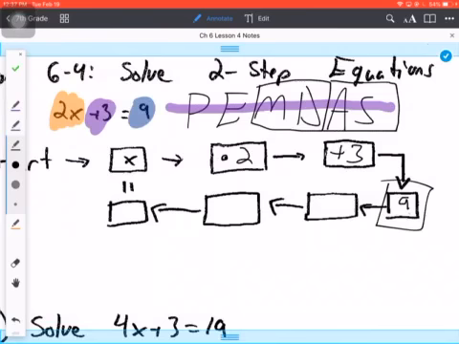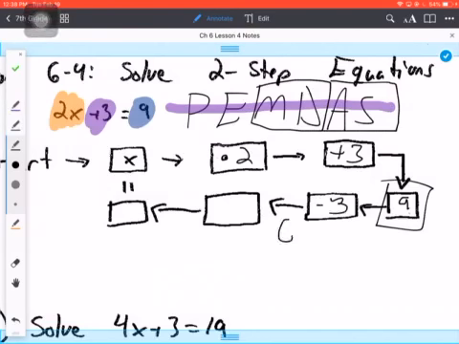Now as we go backwards, continuing along this path, I'm going to look above the box and see what is up here, and then I'm going to do its opposite. If I look above this box right here, it says plus 3. So I'm going to do a minus 3.